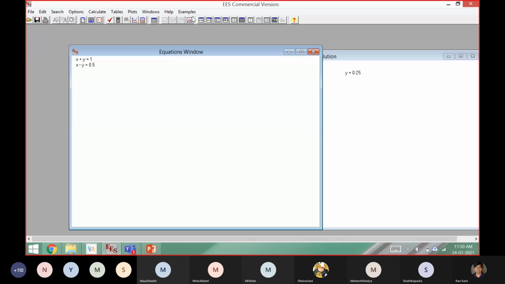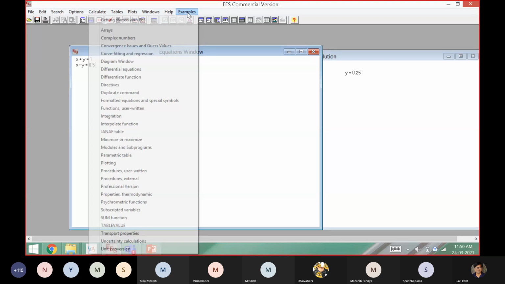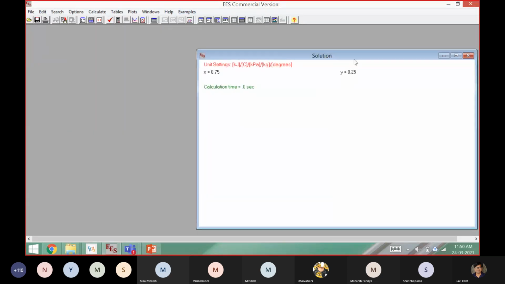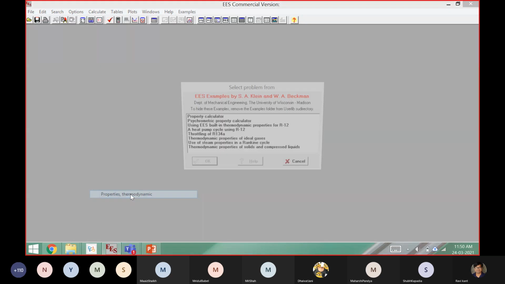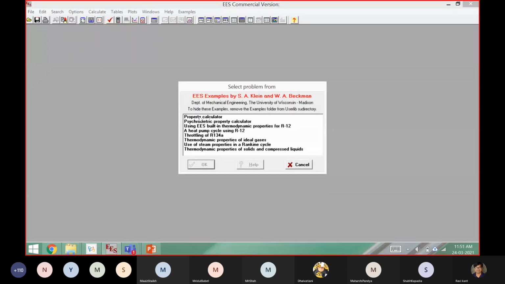In 5 minutes, I'll tell you how to calculate the thermodynamic properties with the EES software. You have to go to examples, then properties thermodynamics. You have to select property calculator. There are other calculators as well.